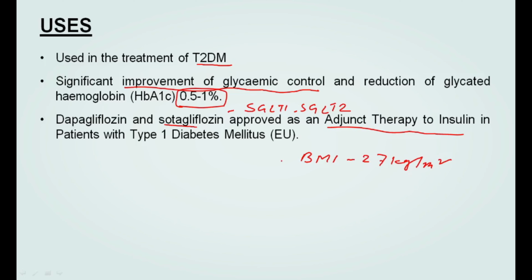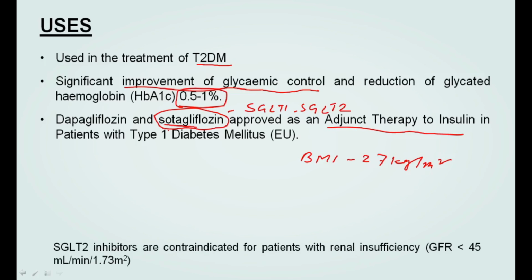So this is also along with the insulin, but BMI should be 27 kg per meter square or more. Though the FDA has declined the use of sotagliflozin for the treatment of type 1 diabetes.